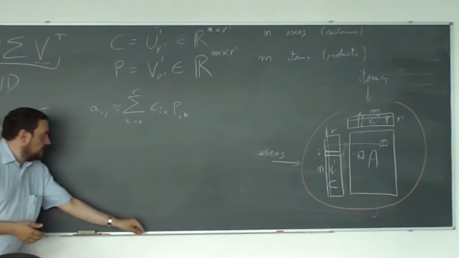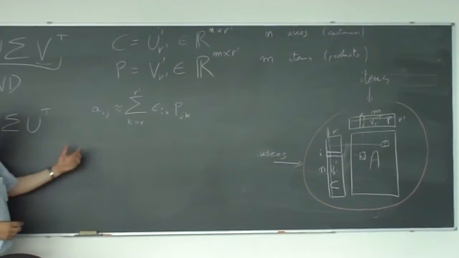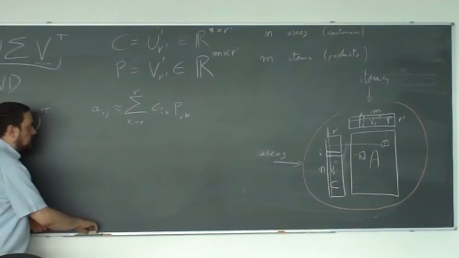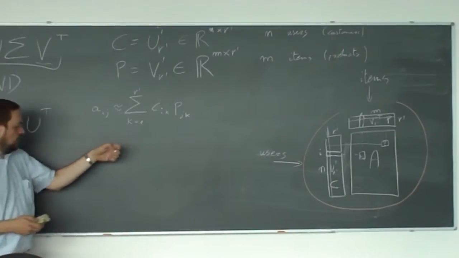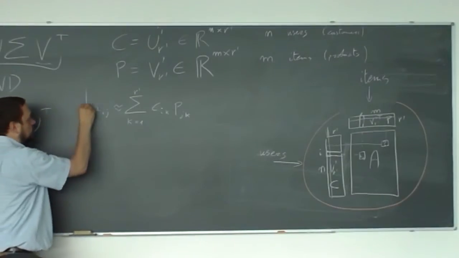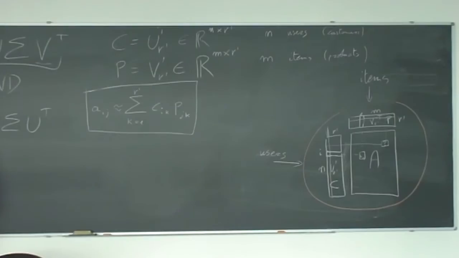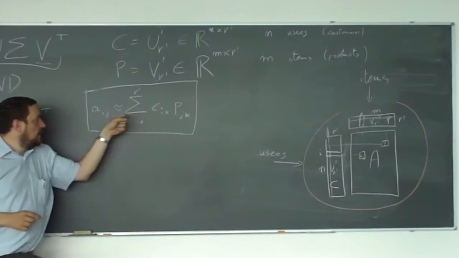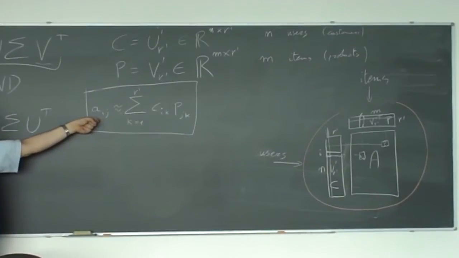So, the idea is this. We got to this formula that given matrices C and P approximates the element Aij.